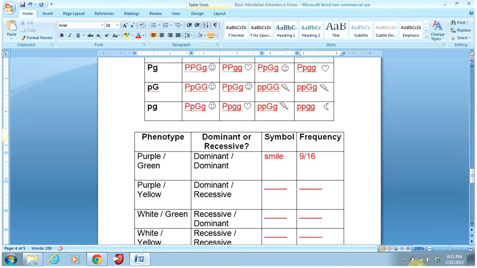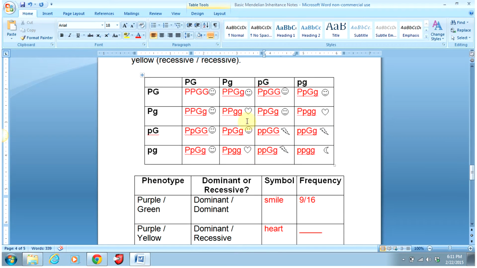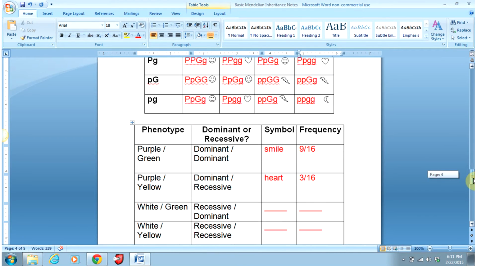Purple flowers, green leaves. Okay, then for my purple and yellow, I used a heart. So I'm going to go through and count the number of hearts, and it looks like I have 1, 2, and 3. So 3 out of my 16 offspring are dominant recessive.